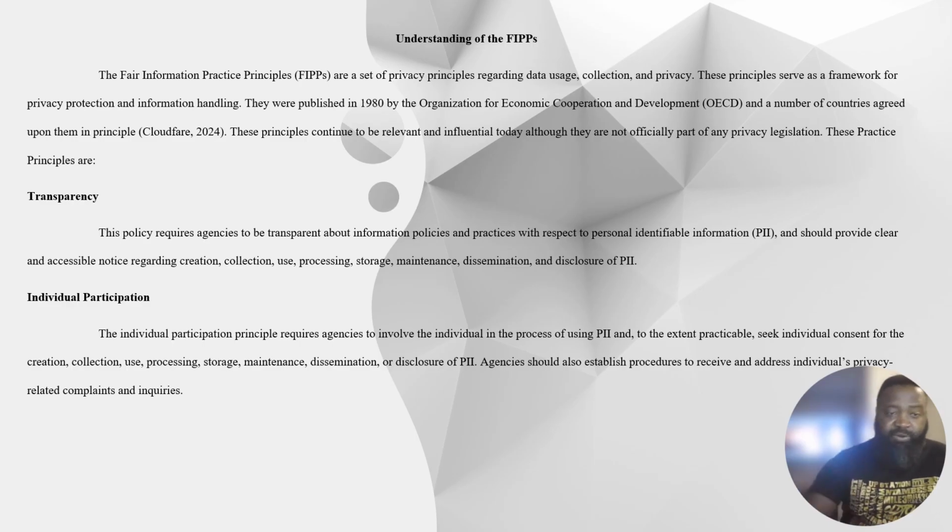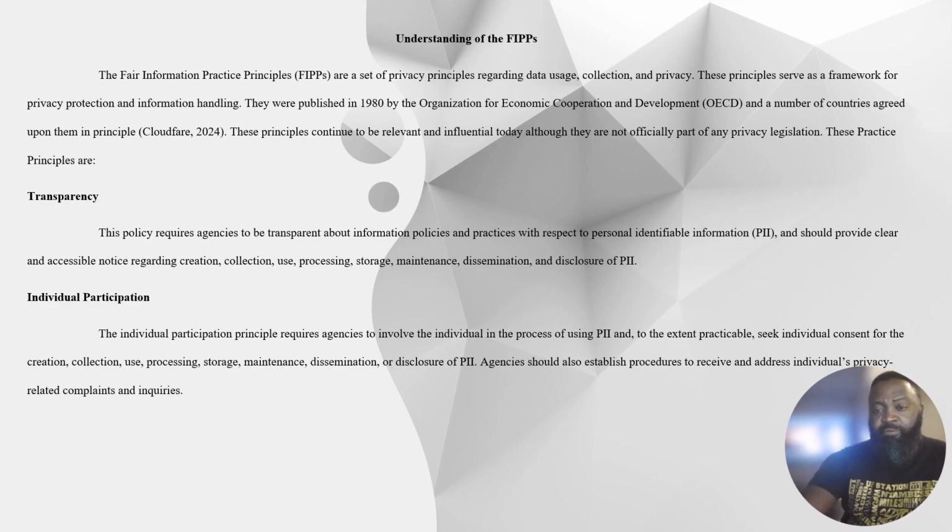So the first one is transparency. This principle requires agencies to be transparent about information policies and practices with respect to personally identifiable information, or PII, and should provide clear and accessible notice regarding creation, collection, use, processing, storage, maintenance, dissemination, and disclosure of PII. So PII here stands for personally identifiable information.